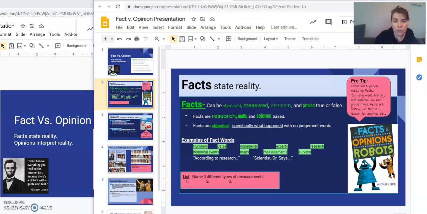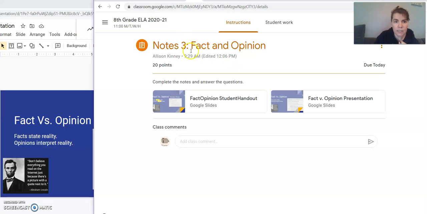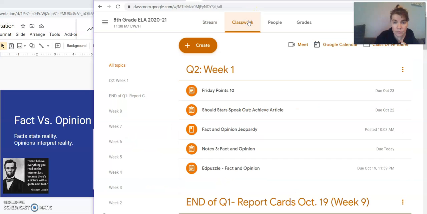If you go to our Google Classroom, go to classwork, and second quarter, week 1, you will see one of them is called Notes, Fact, and Opinion. That is the assignment for today.